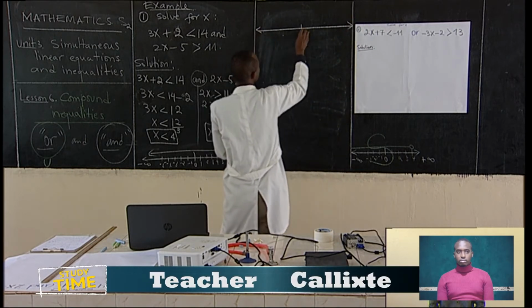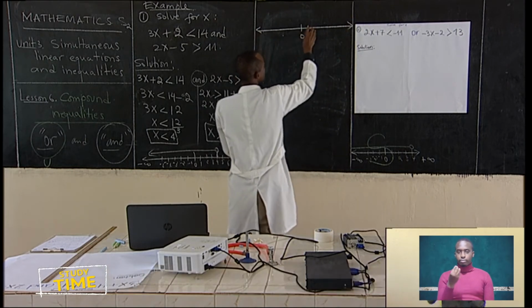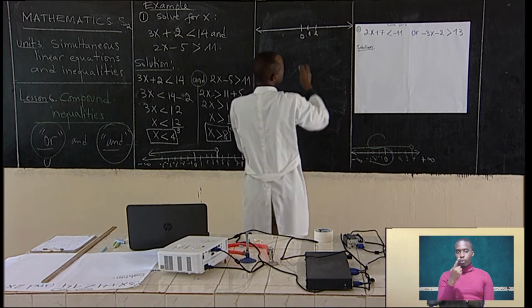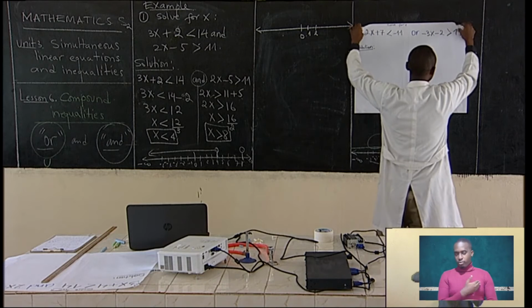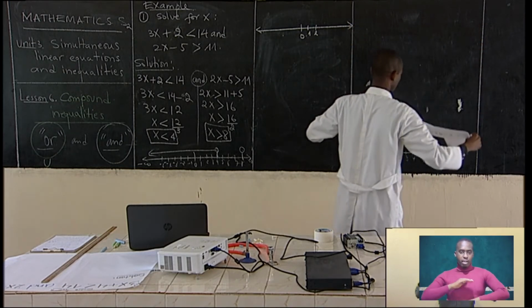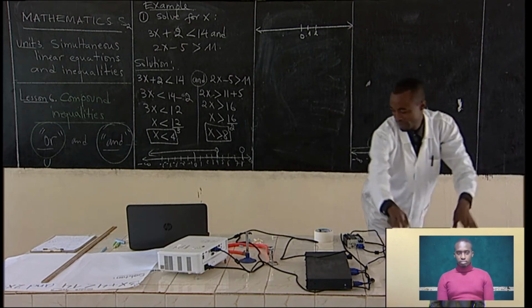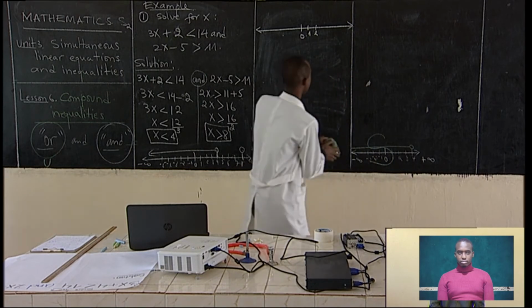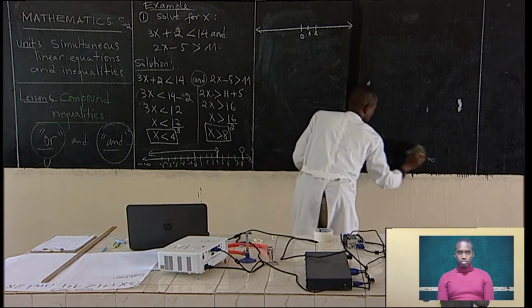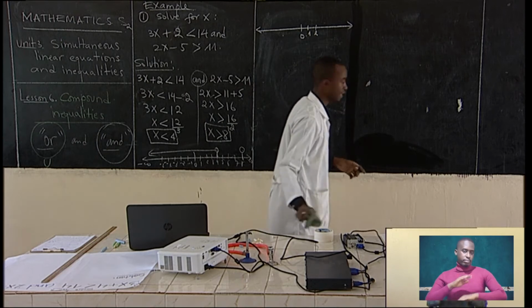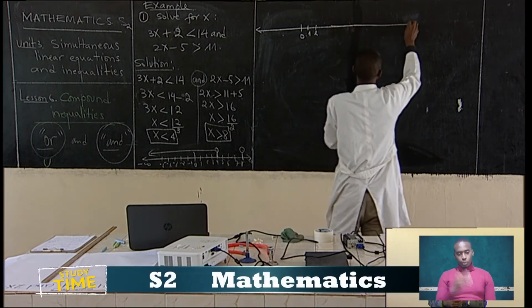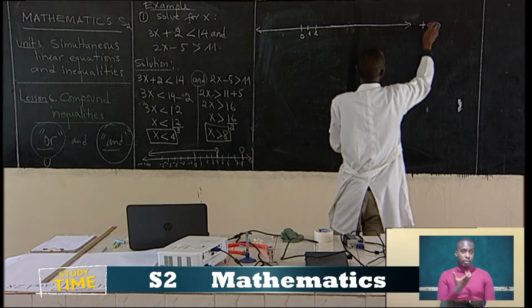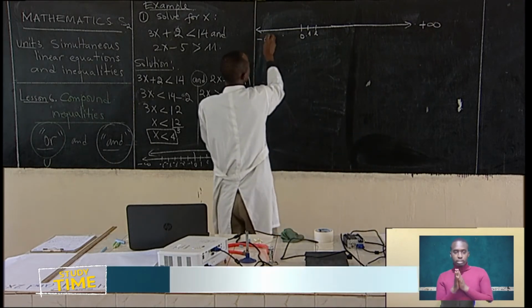We have 0. This is 1, 2. I don't know if it will fit over there. I can remove this so that we have enough space, because I want you to understand this. We have positive infinity and negative infinity.